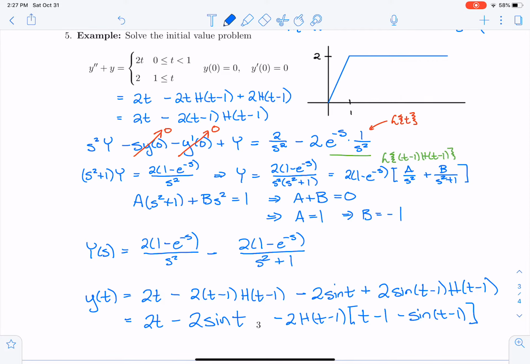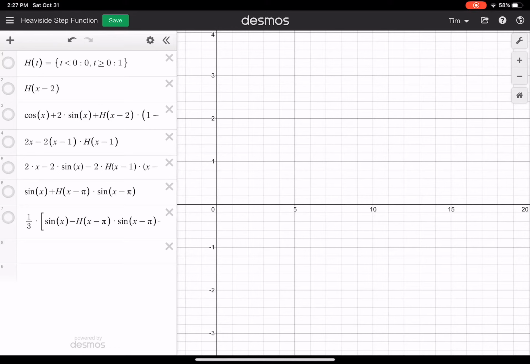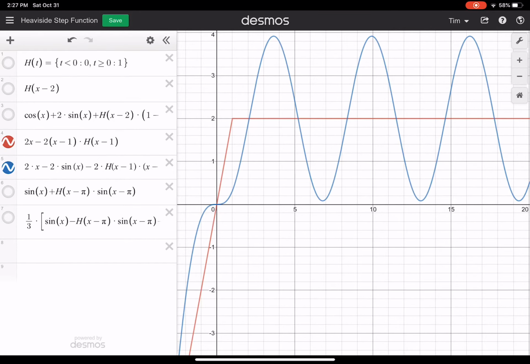So let's see what the graph of this solution looks like. Here was my forcing term, 2x minus 2(x minus 1) times h of x minus 1. Again, I'm using x's here for Desmos. You can see my forcing function grows until t equals 1 and then is constant. And then this is what the solution looks like.